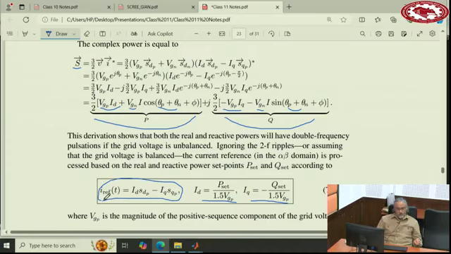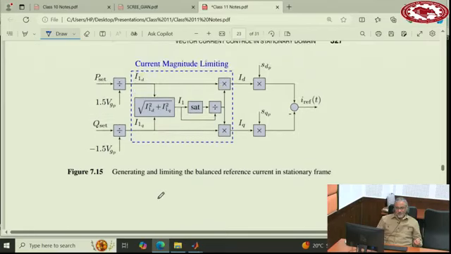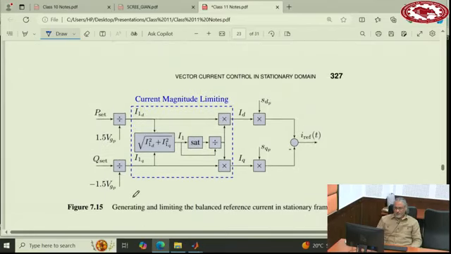What about limiting? You need to limit ID and IQ. This is the way to do it, and we have already done this before. So you generate ID and IQ. You calculate the magnitude of the current, the entire magnitude. You limit it. Now this limited value you multiply back into this one.